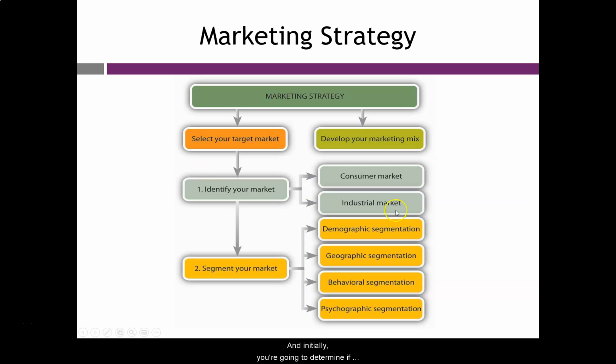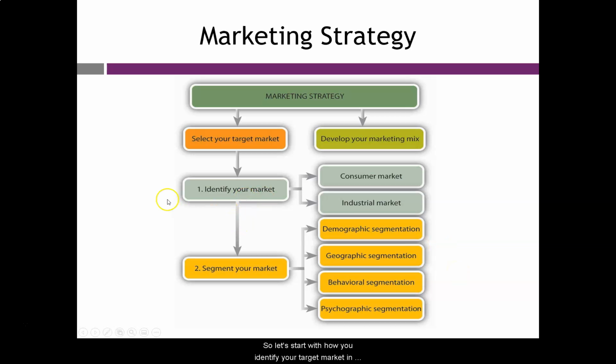And initially, you're going to determine if you're going to sell to consumers, such as yourselves, or to businesses, which is also known as the industrial or business market, or if you're going to sell to consumers and businesses. Once you make that determination, you're then going to segment or divide your market.